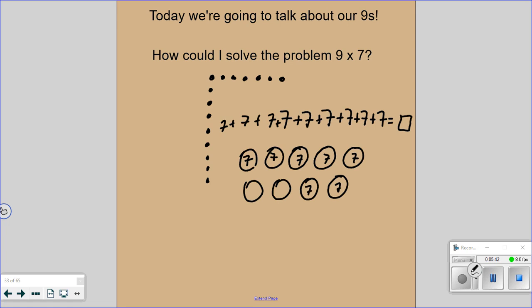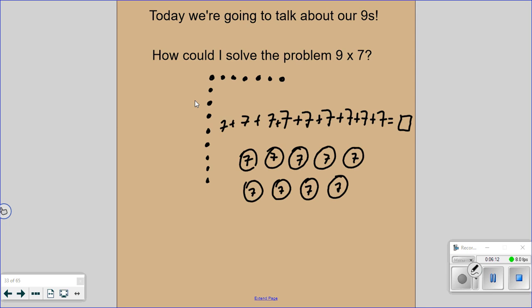These are all great representations. Saw a lot of Me Too signals on that also. Nice. Even though those are all correct, they're a lot of work, right? Even though we can do it, we can add up all those 7s, we can count up all those groups, that's still a lot of work.